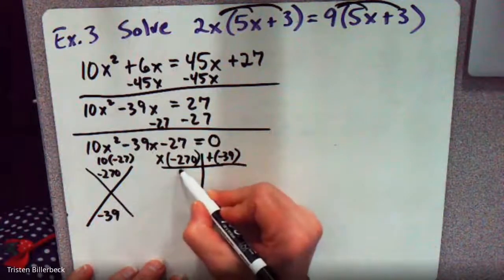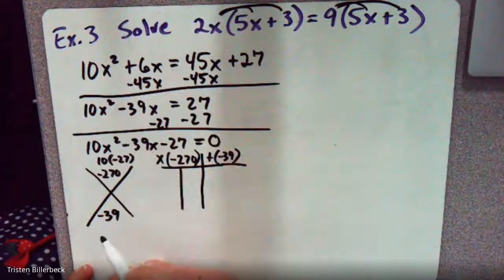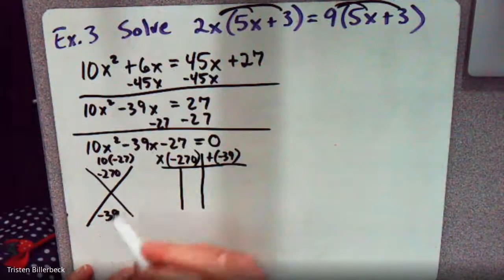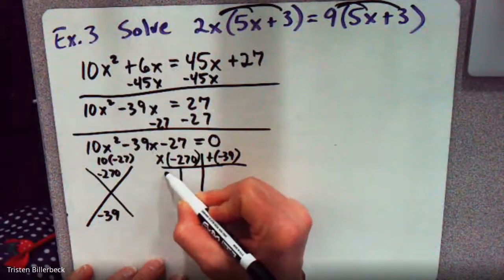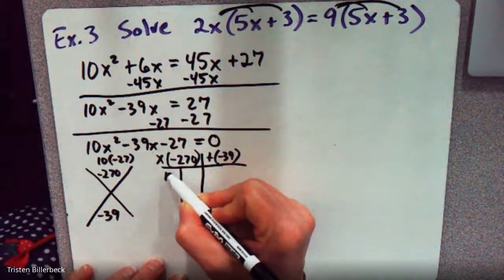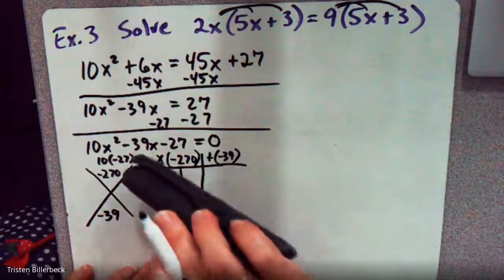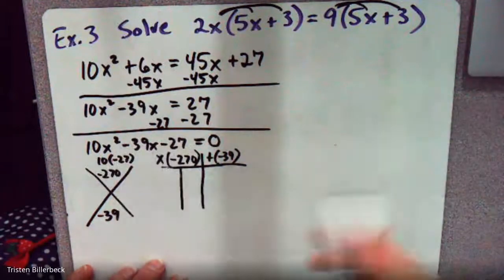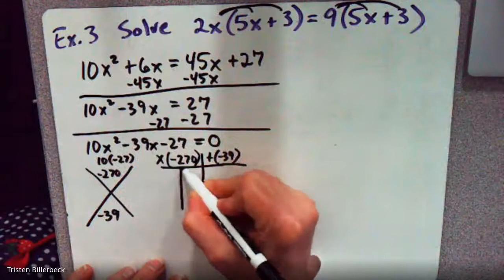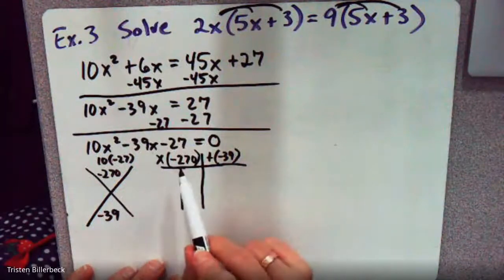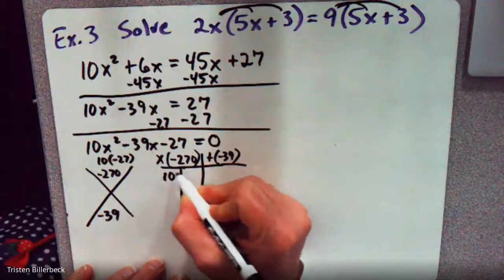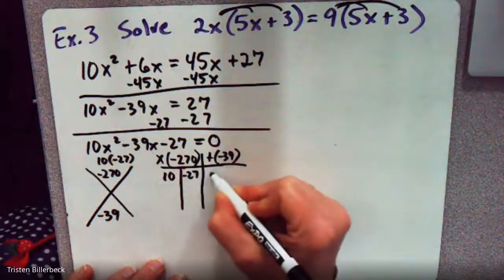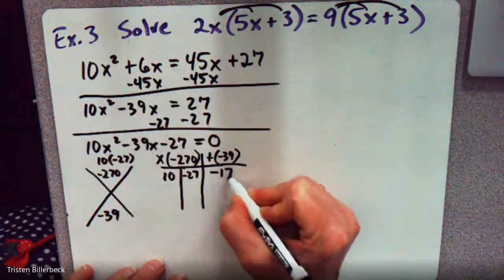All right, so first of all, we know that we have 10, let's see, 3 times 39 is one of them. Let's see, we want it to add to 39, so it has to multiply. So we know that we have 10 and negative 27, but when we add that together, it's negative 17.